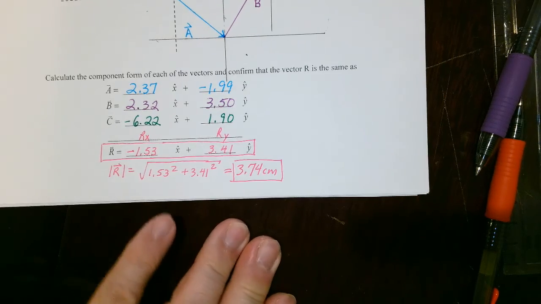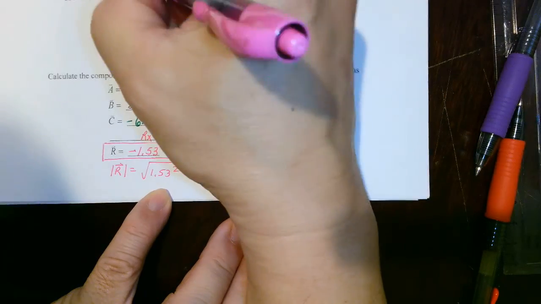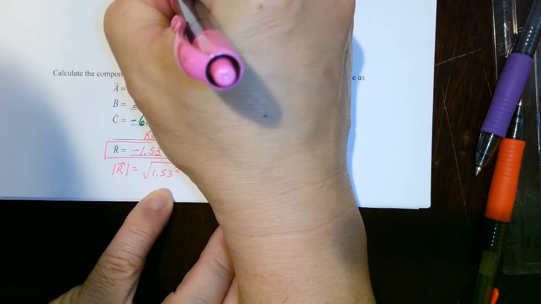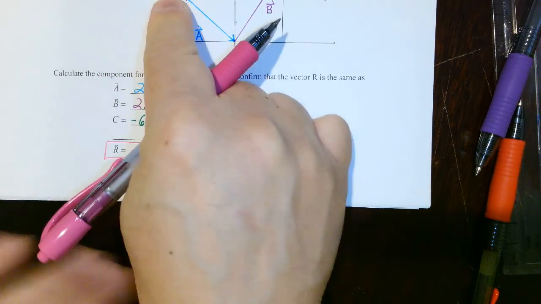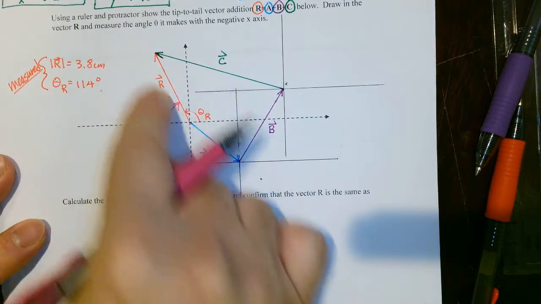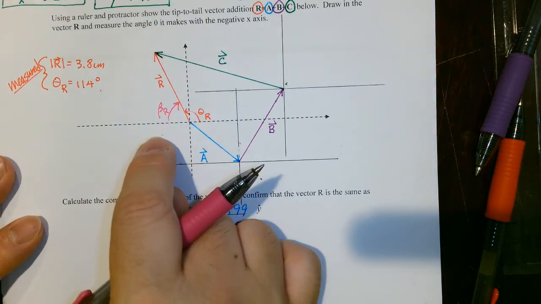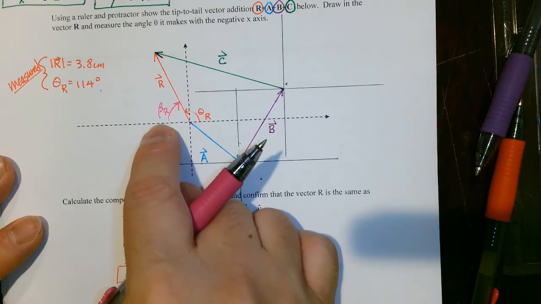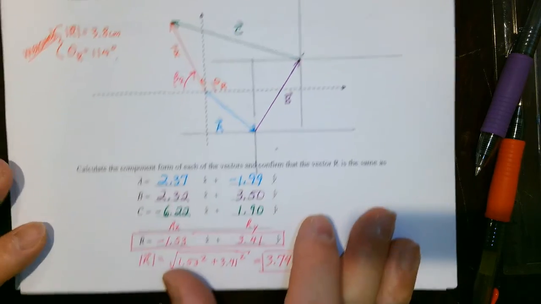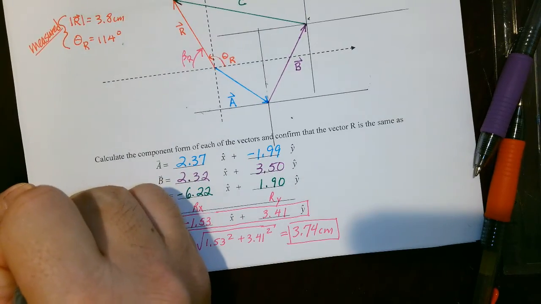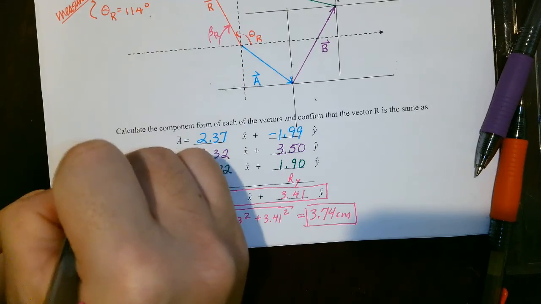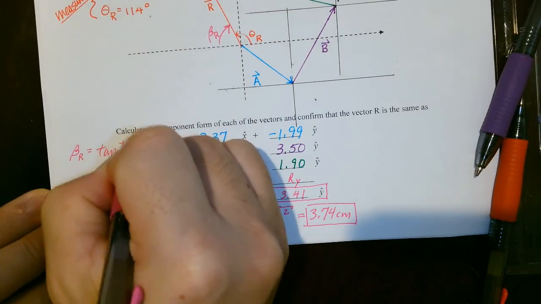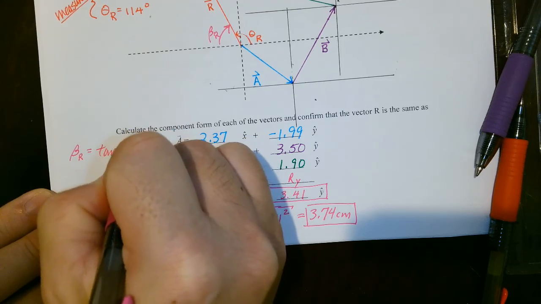Now, we need to calculate theta r. To do that, we should calculate this beta r first. Now, this beta is in second quadrant, and so is my r. R is in second quadrant. So it has to be 180 minus the absolute value of your beta r. So your beta r should come out to negative because it's tan inverse of ry over rx.